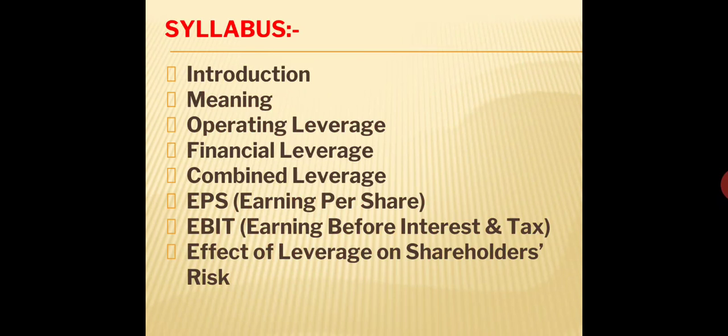In this particular chapter we are going to calculate the sum of operating leverage, the sum of financial leverage, and then after the master sum, that is the combination of both the leverages. So this is the chapter of theory as well as practical. So let's start with the introduction part.